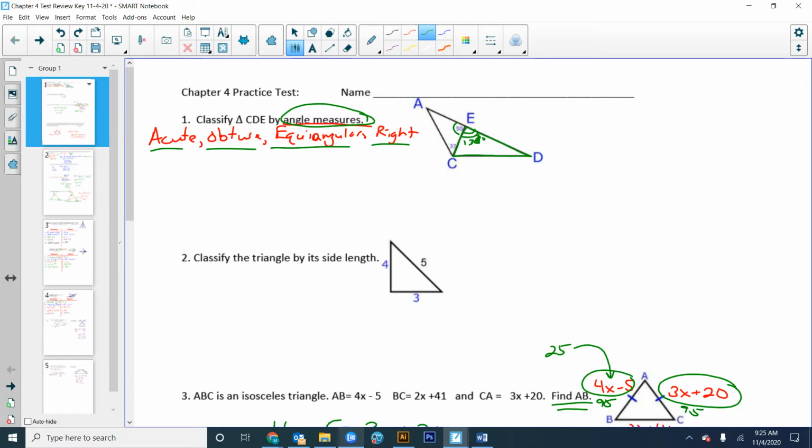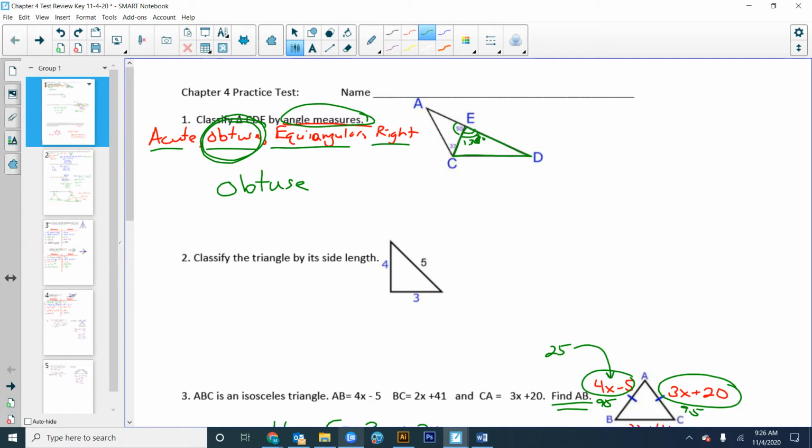So since that angle is 130 degrees, what kind of triangle is CDE? Obtuse. Obtuse.